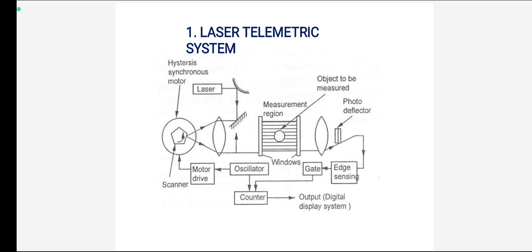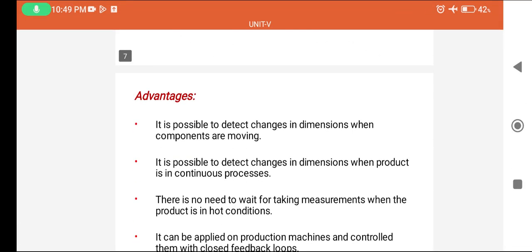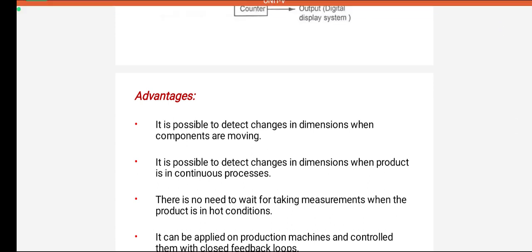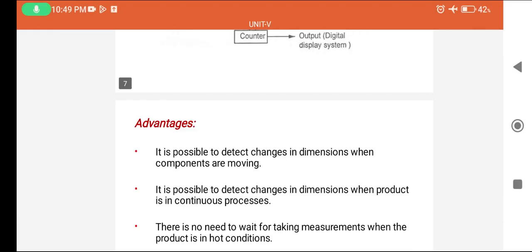Here there are two windows. The object is placed in between the two windows, and the light source, a laser source, passes into these two windows from the observer. The object's dimension is measured here. It is possible to detect the change in dimensions when the components are moving. This is the major advantage of the laser telemetric system.